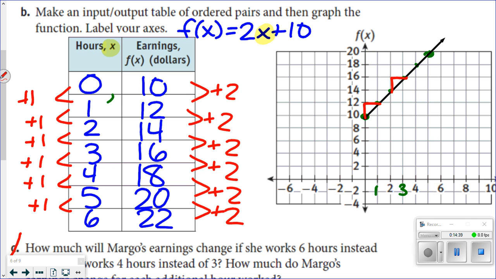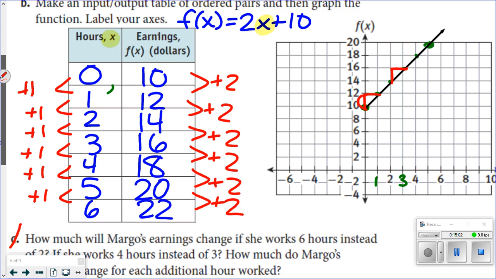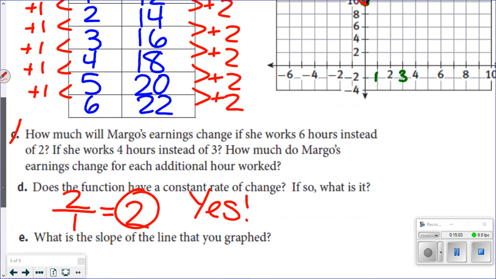It really does not matter because the slope between any 2 points is always the same. If I'm looking here, I'm going from 10 up to 12. Now that looks like I'm moving 1 tick mark, but how many numbers is that? It's 2 numbers.